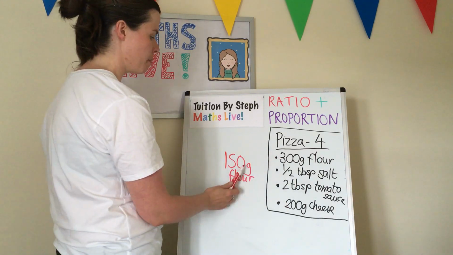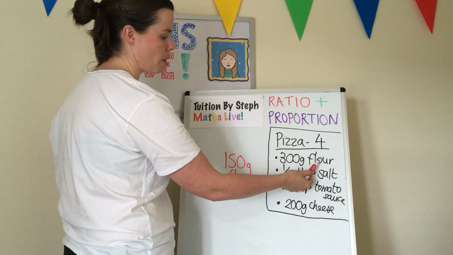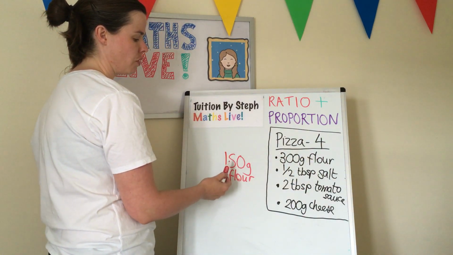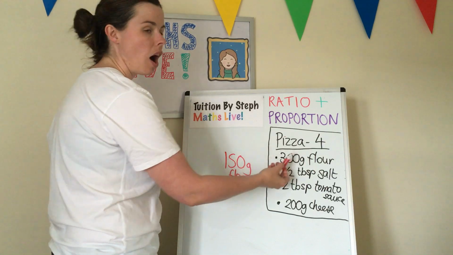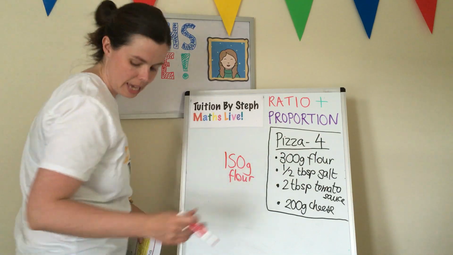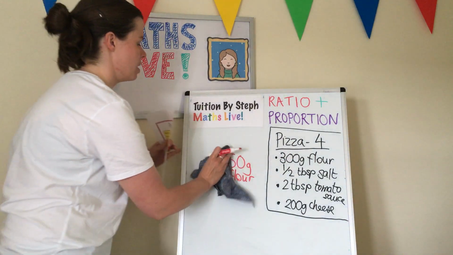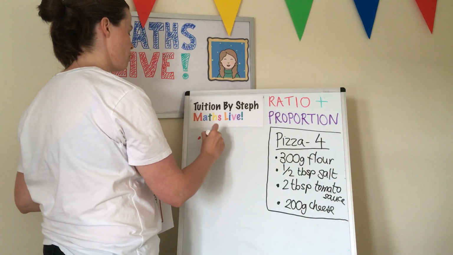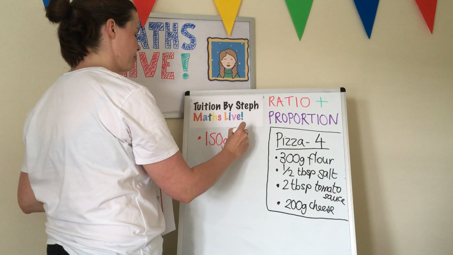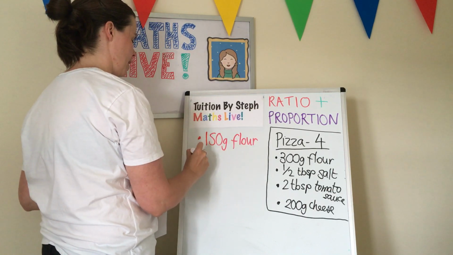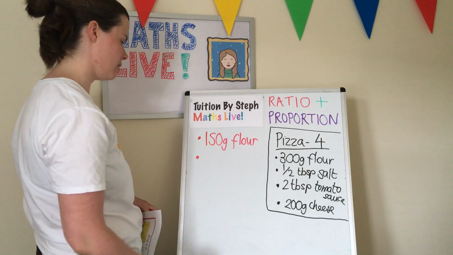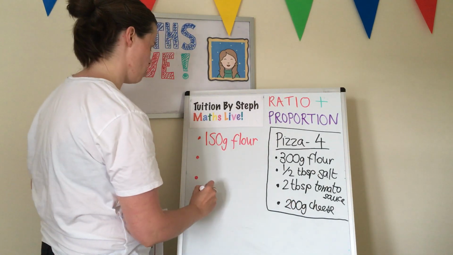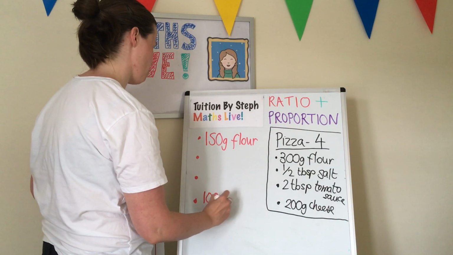This is an easy one because we need 300 grams of flour for this recipe and we only have 150. That means it's half the amount. So you would need half of the rest of the ingredients because 150 is half of 300. So it'll be 150 grams of flour. And then half of the rest of these ingredients? Well, half of 200 is 100, so that'll be 100 grams of cheese.